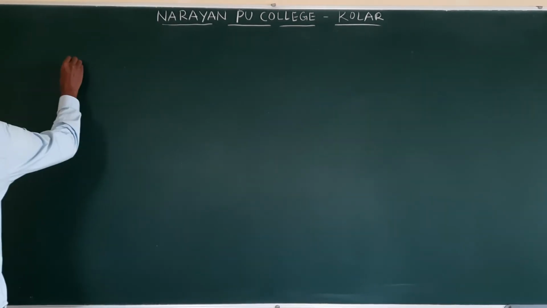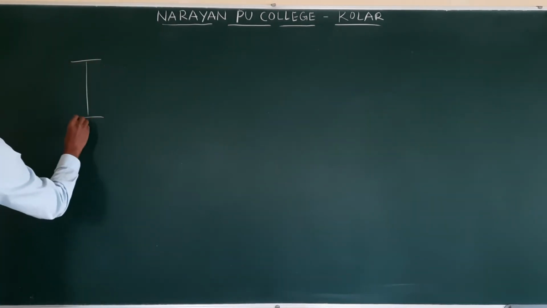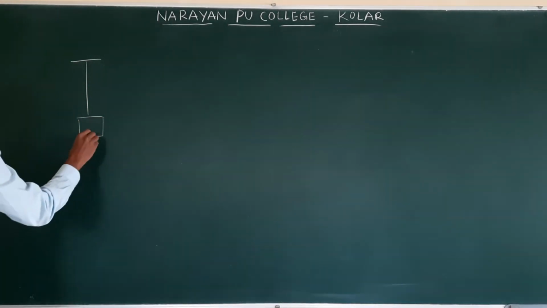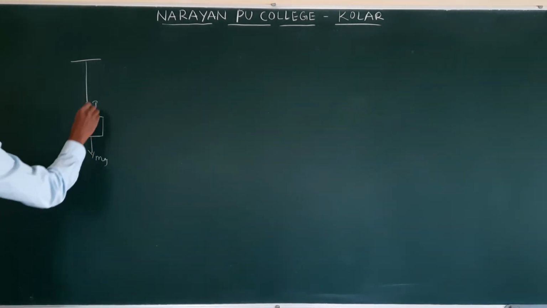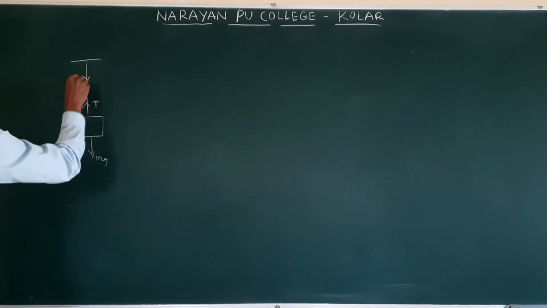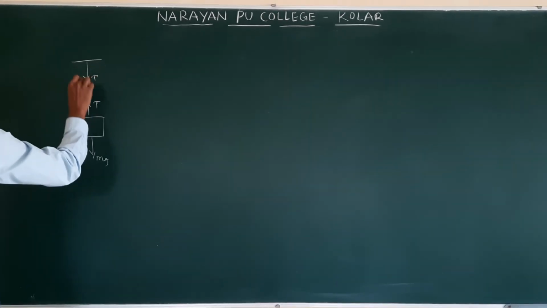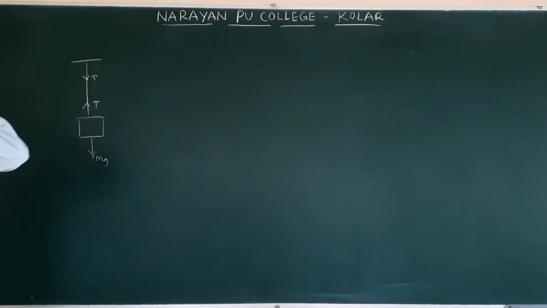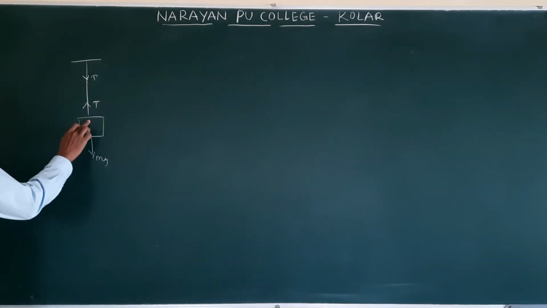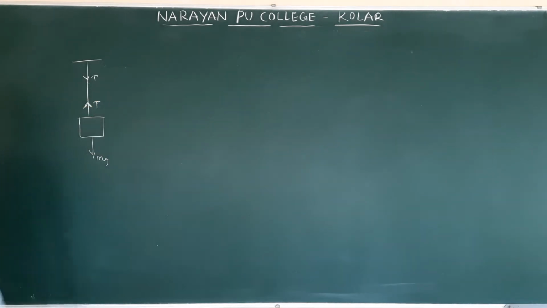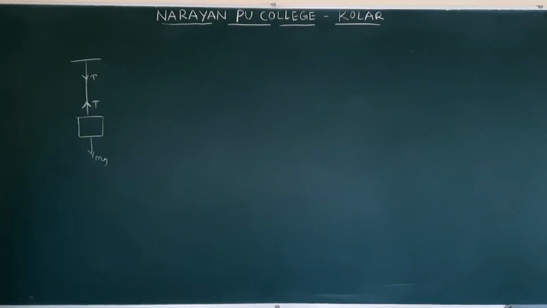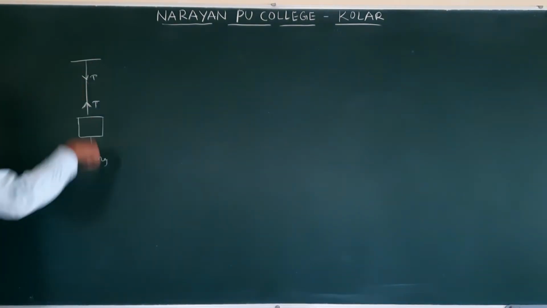See, if I mention this is massless, weight acts downwards, then tension acts upwards. According to the third law, this tension acts towards the rigid support, and from this it acts downwards.